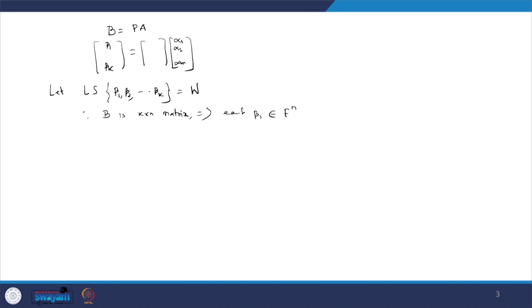As alpha i belongs to the n-tuple space F^n, beta i also belongs to the n-tuple space. Now, we want to see if there is any correlation between the subspace W, which is the linear span of beta 1, beta 2, beta k, and the subspace L(S), I mean the subspace generated by the rows of the A matrix. We know both of them are subspaces of the vector space F^n.